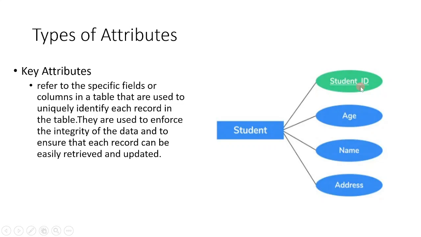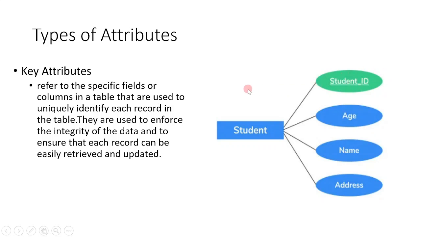Okay, so in the example here, we have the student ID as our key attribute, and it is underlined. Okay, so to identify a key attribute, we have to underline that given attribute. Okay, so again, key attribute or the primary key, so we have this one here.